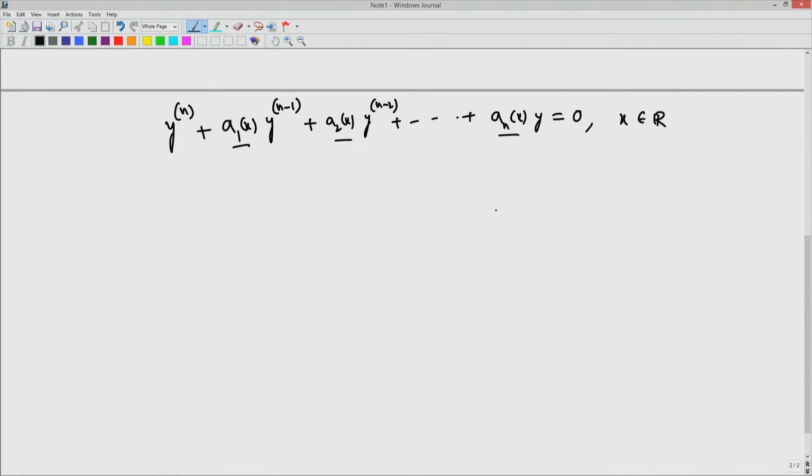As usual we look at the properties the way we have seen for the second order. So what are the properties?